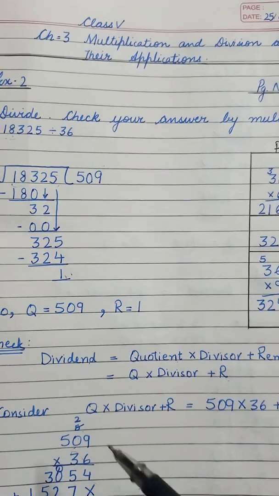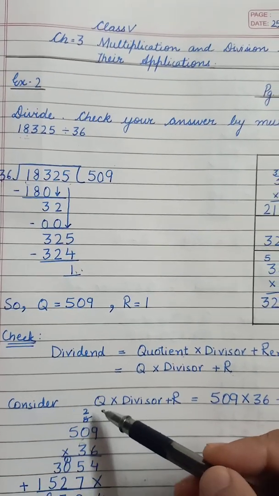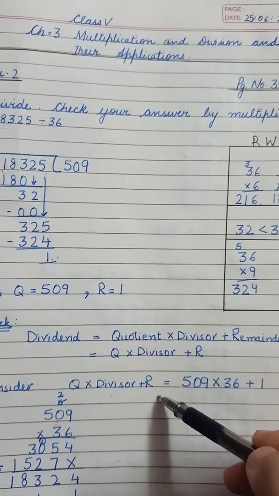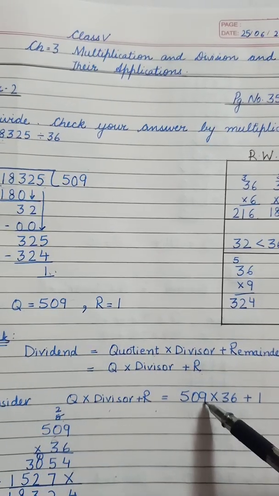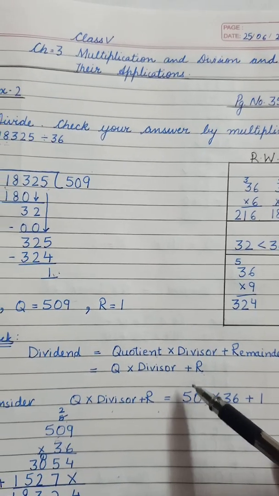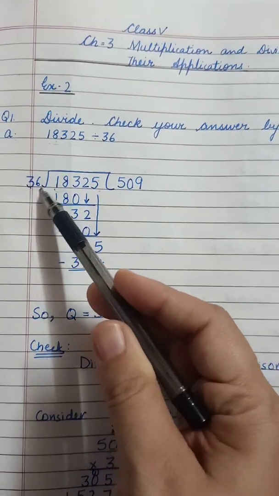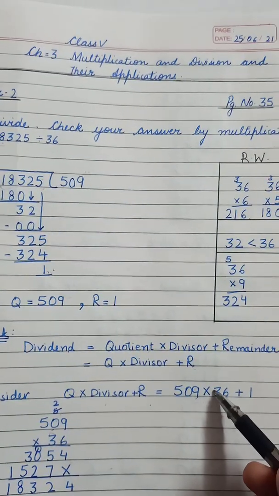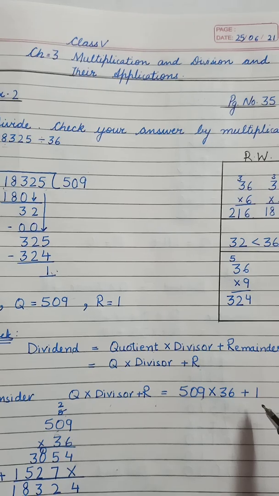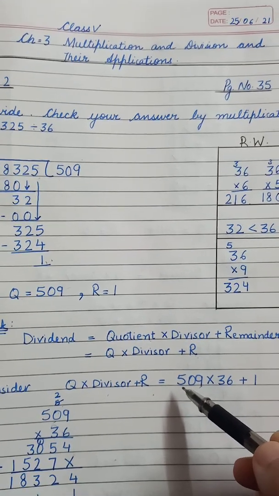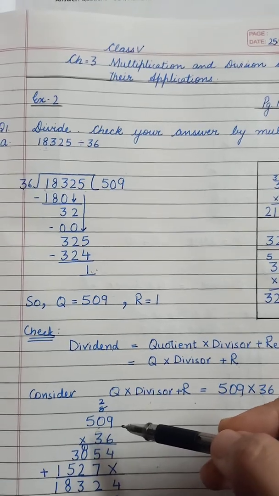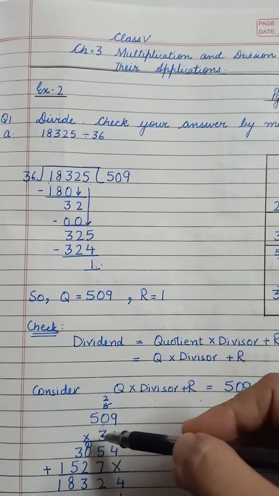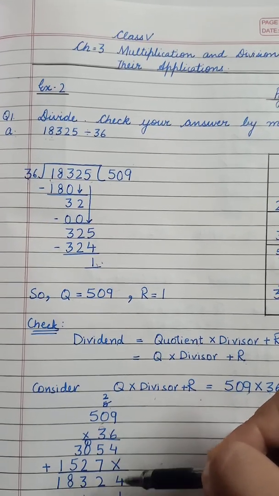So let's see. We are going to consider quotient into divisor plus remainder. Our quotient is 509, right? The divisor is the number by which you divide, so 36, and the remainder is 1. Firstly we will multiply 509 by 36. This you can do on your own.